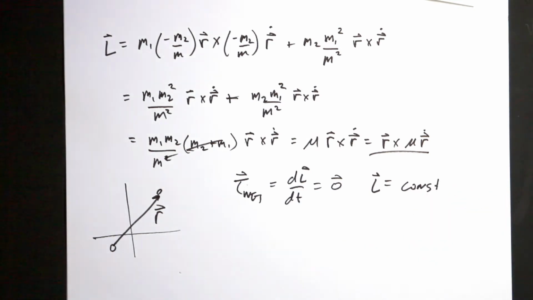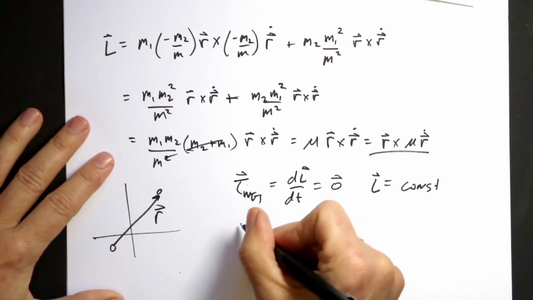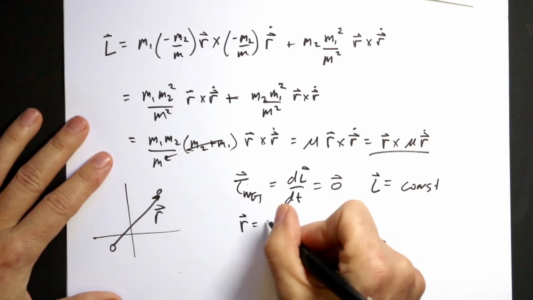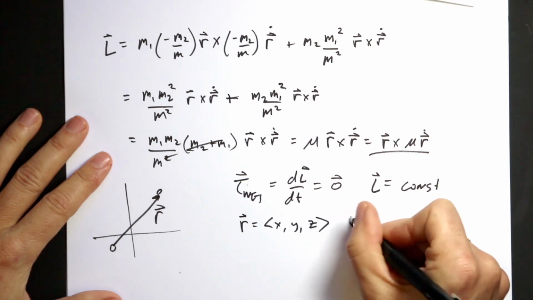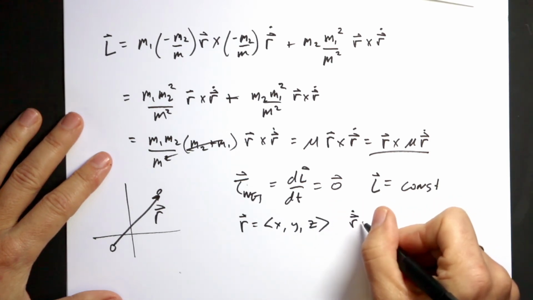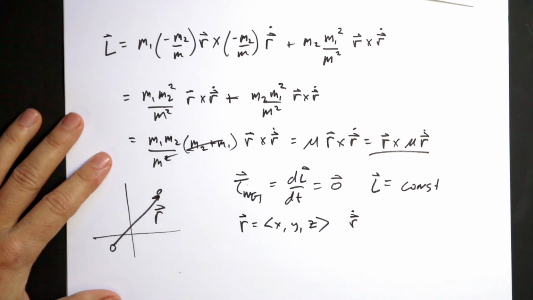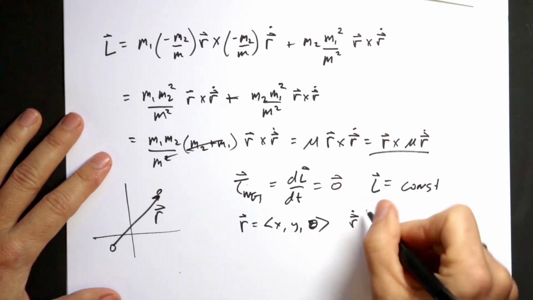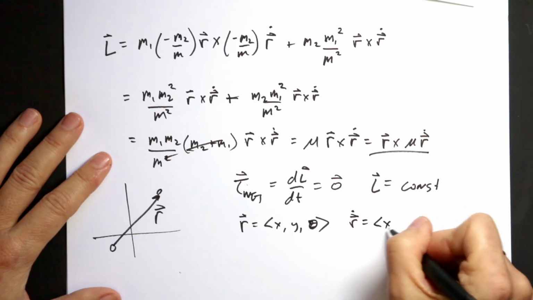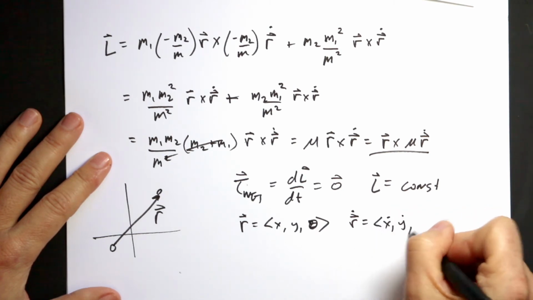Now, if L is equal to a constant, then I can define, let's say, R equals x, y, z. Actually, let's pick this z to be 0, and R dot to also be x dot, y dot, 0.